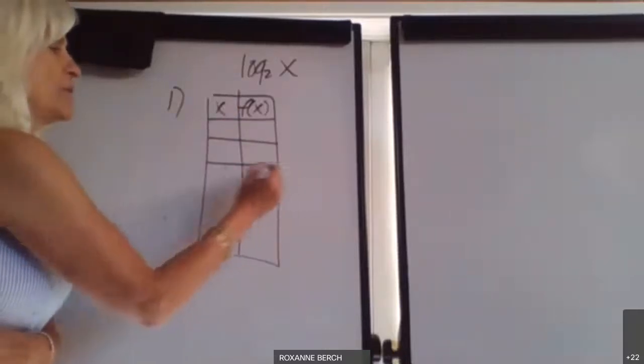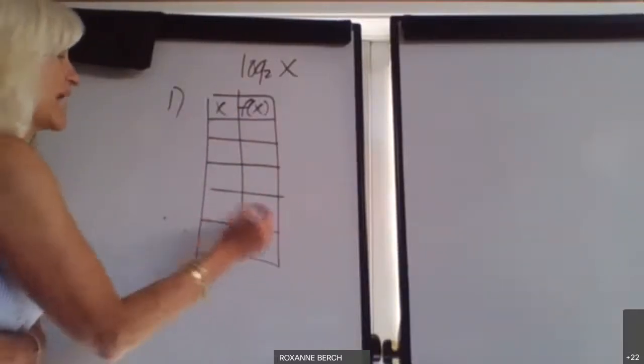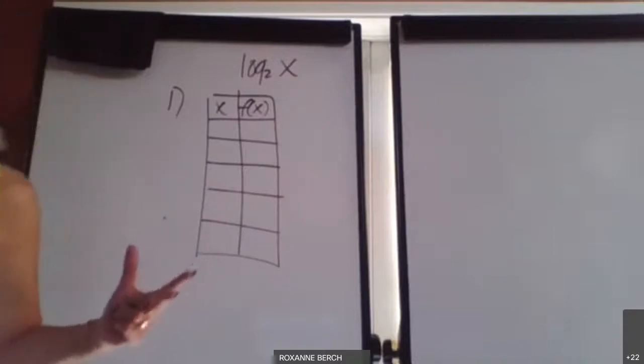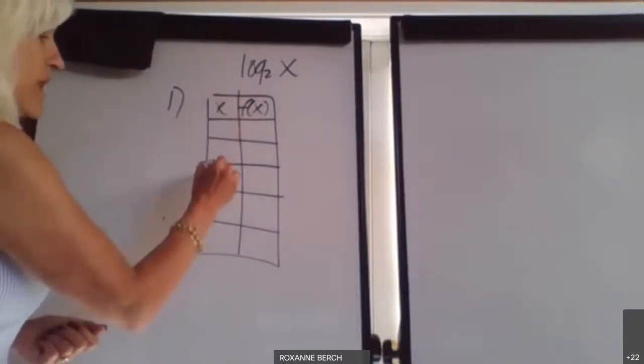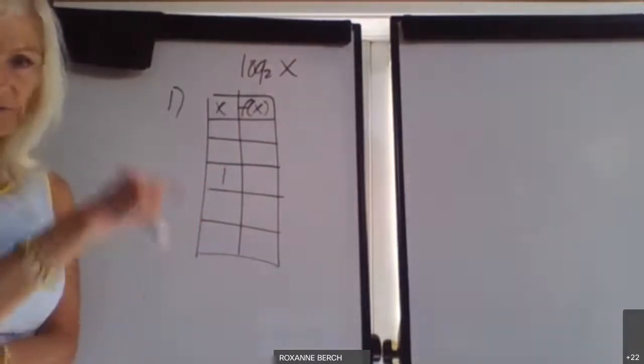Or you could plug in the x values into the logarithmic one and solve algebraically. Yeah, you could do it algebraically, but the thing is, look at this. Here's what I would do. I would put in log base 2 of 1 and look at the graphs.